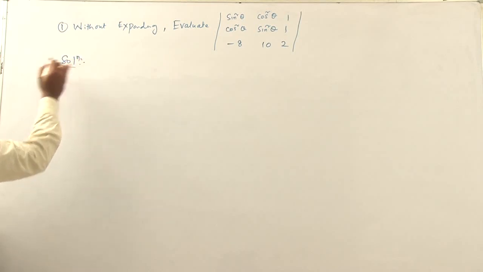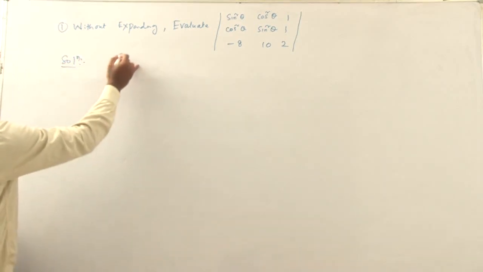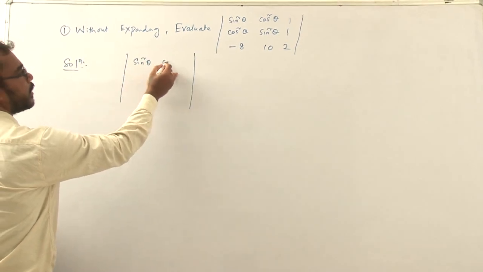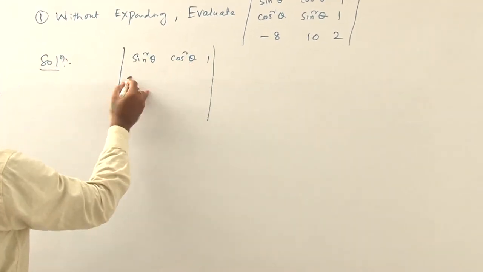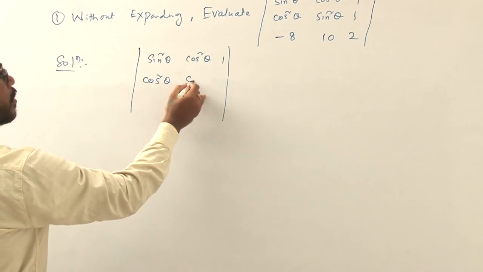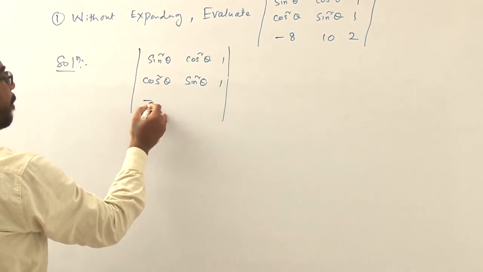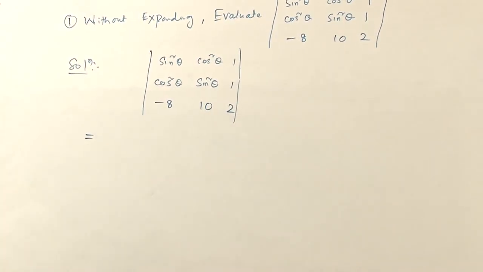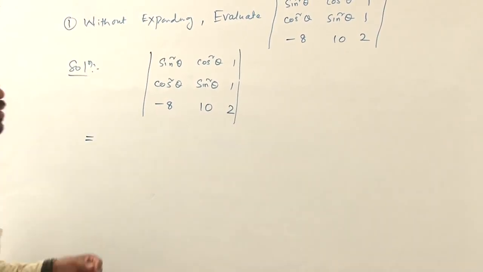So the solution is, first we write the given determinant: sin square theta, cos square theta, 1; cos square theta, sin square theta, 1; minus 8, 10, 2.